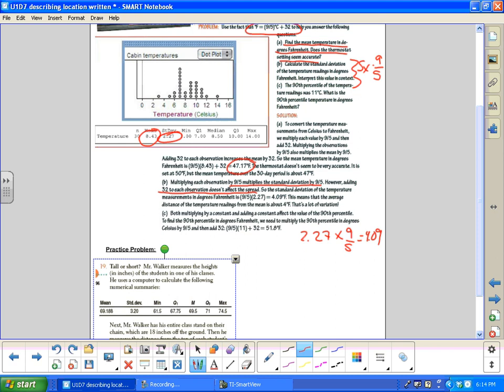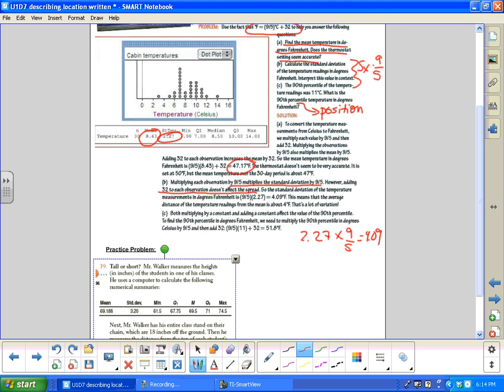All right, and the last question is for percentile. They say the 90th percentile of the temperature readings is 11 degrees Celsius. What is the 90th percentile temperature in Fahrenheit? So percentile is a measure of position, right? Location, I think it all means the same thing. Position or location.